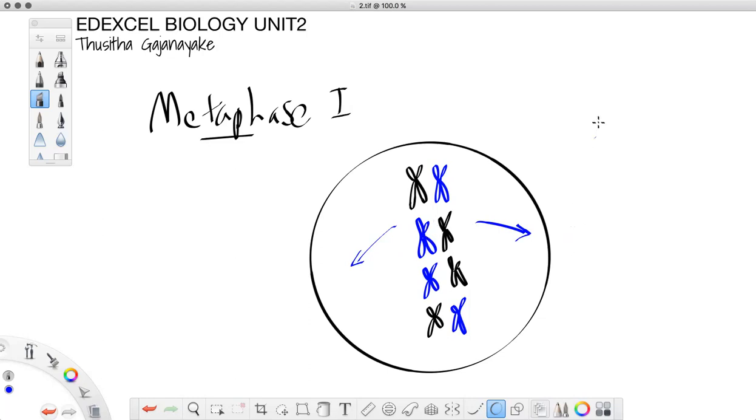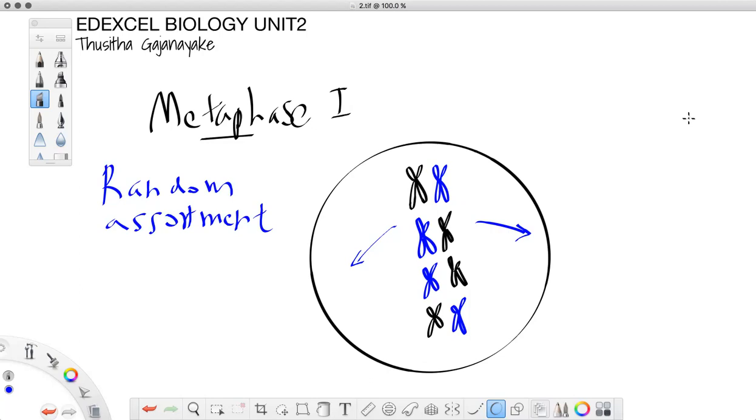This is also a very random process and we call this random assortment. If this did not happen, if the black color one always lined up on this side and the blue color one on this side, one cell would always get completely the father's chromosomes and the other cell the mother's chromosomes.